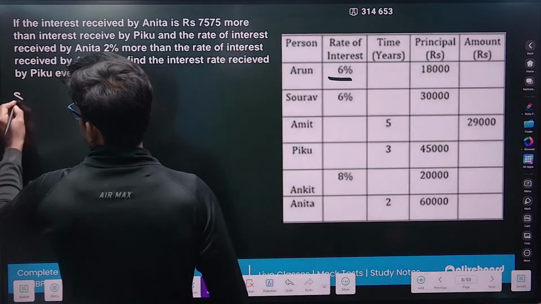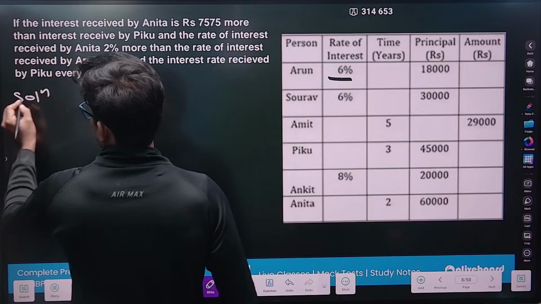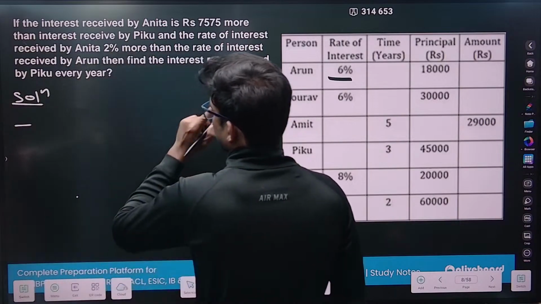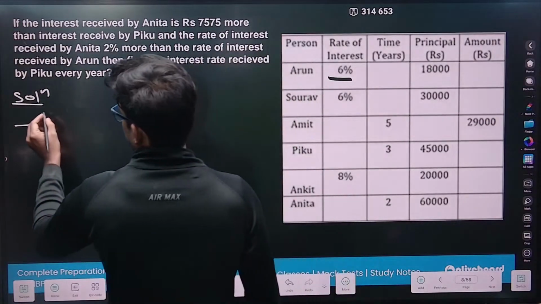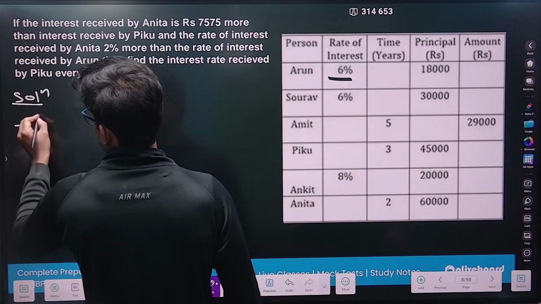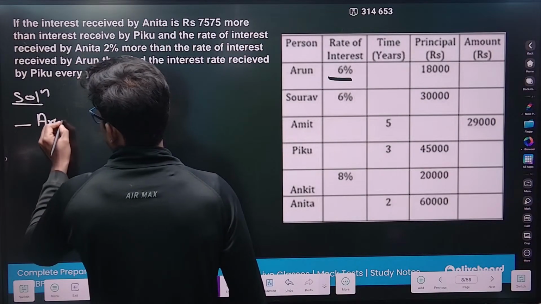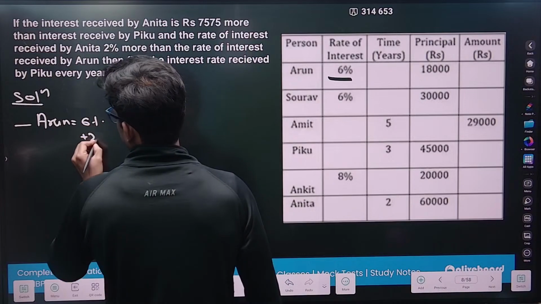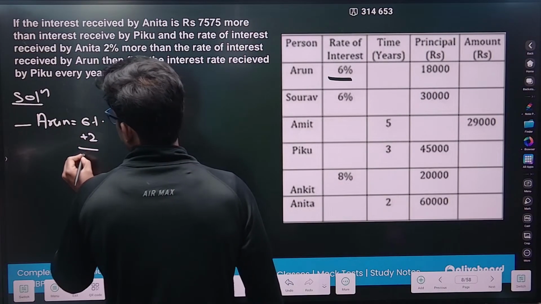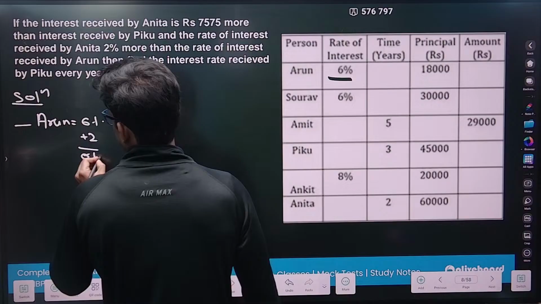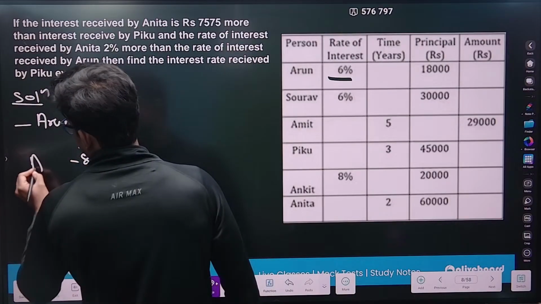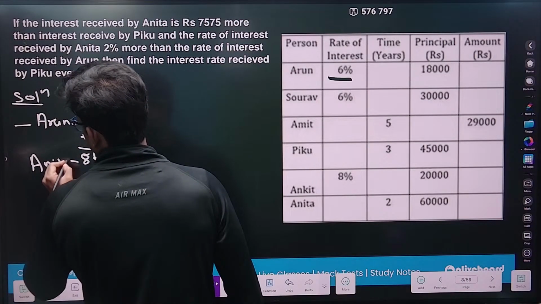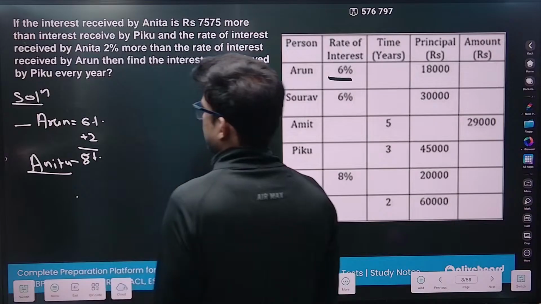So solution, we'll write down the solution here. Arun's interest is 6%, Anita would be 2% more, which is 8%, correct? This is Anita's interest.